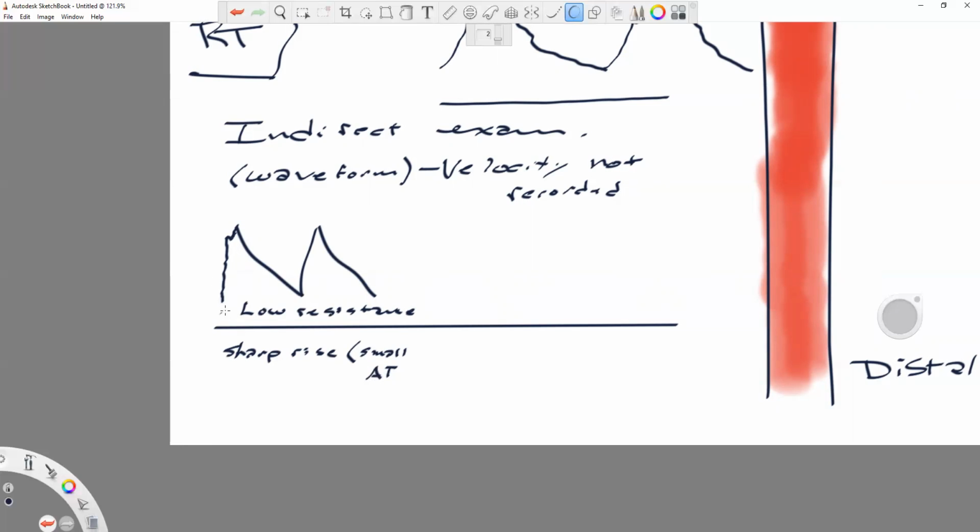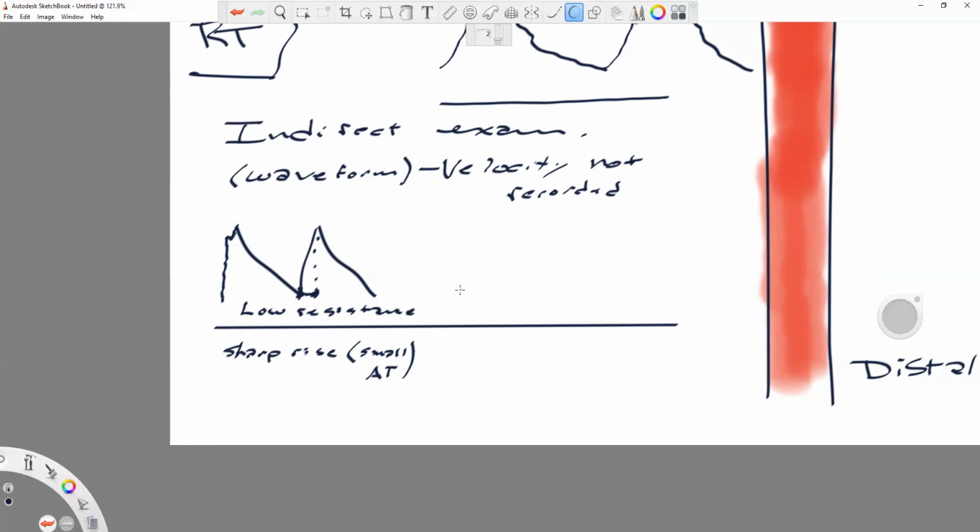Remember, that's the time from end diastole to peak systole. The time frame from here to here, between these two dots, is your acceleration time. That should be very small.